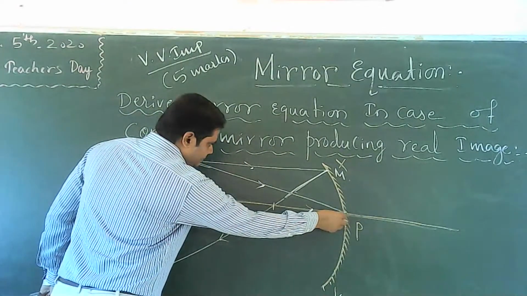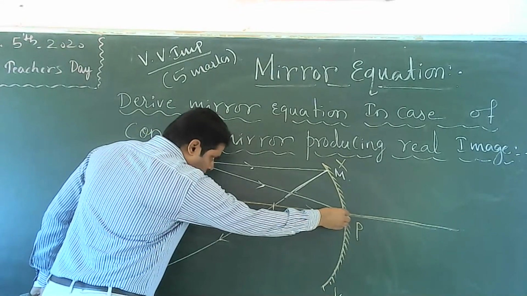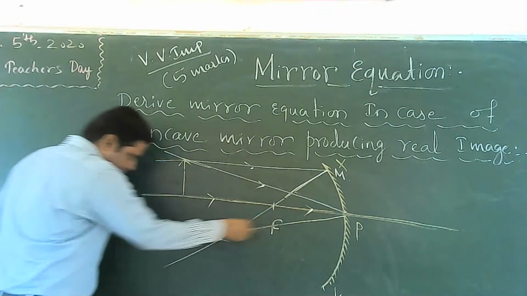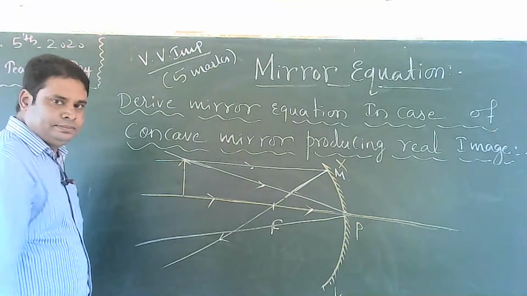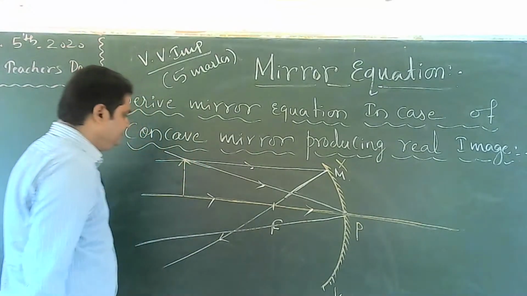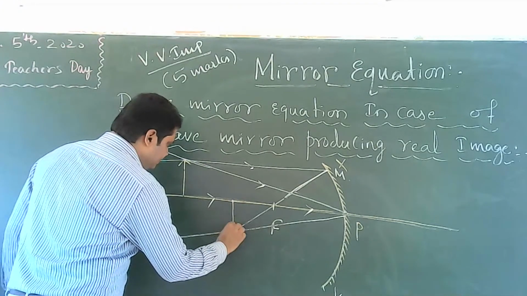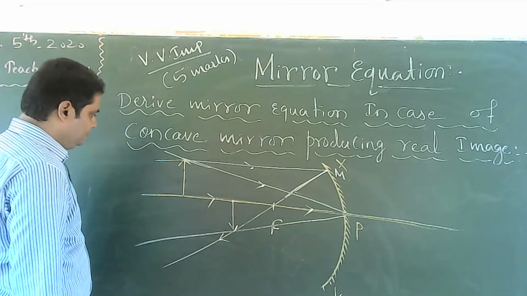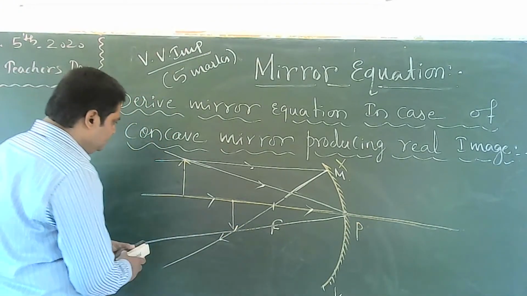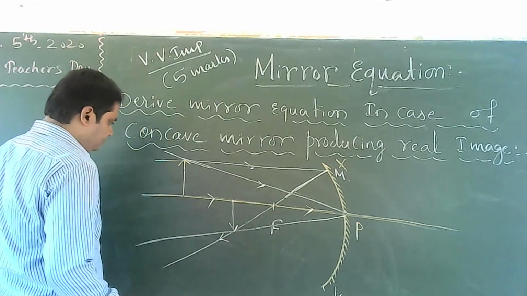Now this, after reflection, will move like this, correct? Here you get some point where the image is formed. Okay, no problem.